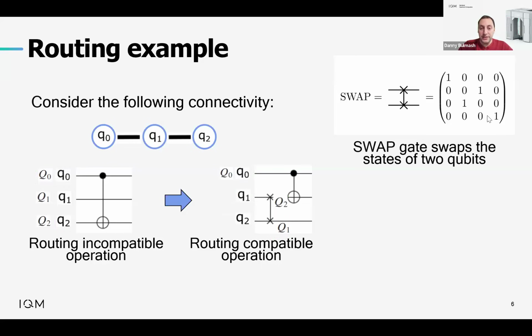So by doing this, we can connect any two qubits on the QPU. All we have to do is swap around enough so that if we had a very far away qubit, we can swap it to be close to the qubit we want to work with.